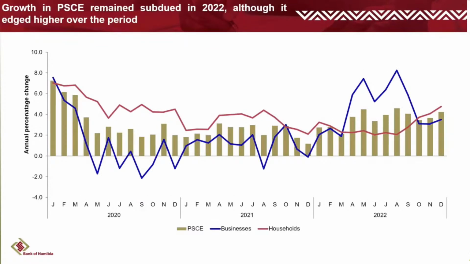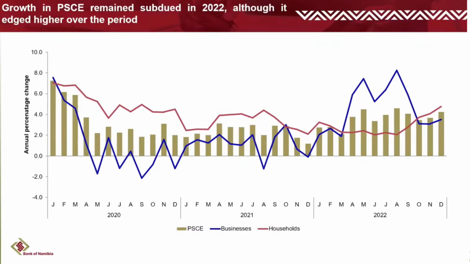If we look at the growth in private sector credit extension, that rose to an average annual rate of about 3.6% in 2022 from an annual average rate of 2.4% recorded in 2021. The moderate improvement was due to the increased demand for credit by businesses, particularly corporates in the mining, transport, and the services sector.